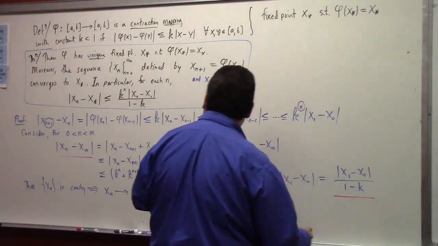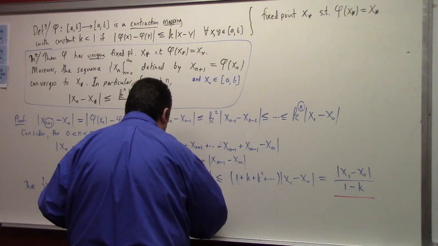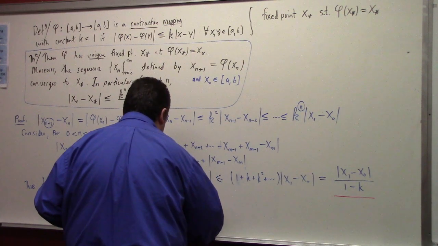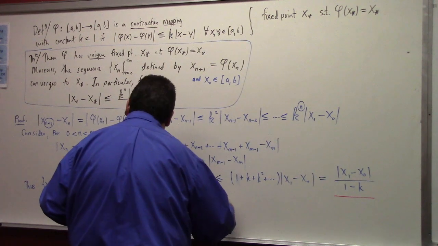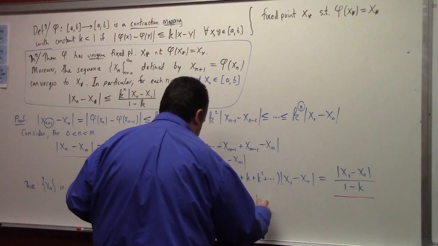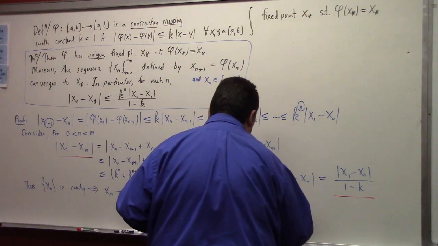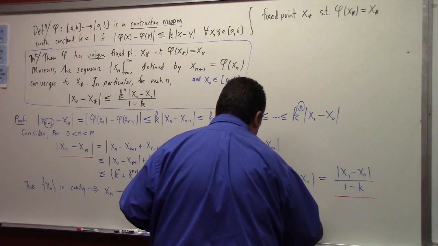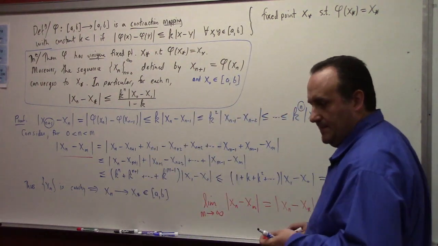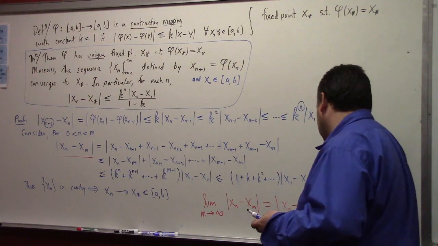If you just take the limit as m goes to infinity of this, well, then that's equal to the absolute value of xn minus x star, by the continuity of the absolute value function and the fact that that goes to x star.